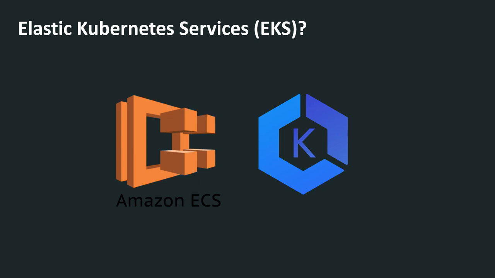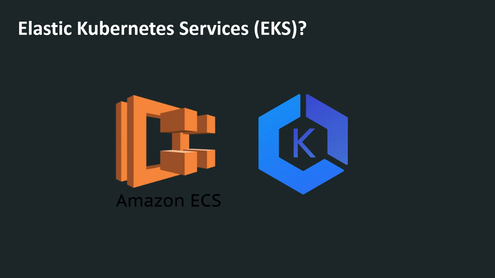Now, how does EKS work? It's actually pretty similar to how ECS works. With EKS, you create a cluster which represents the control plane in Kubernetes. Well, these are going to be the master nodes.